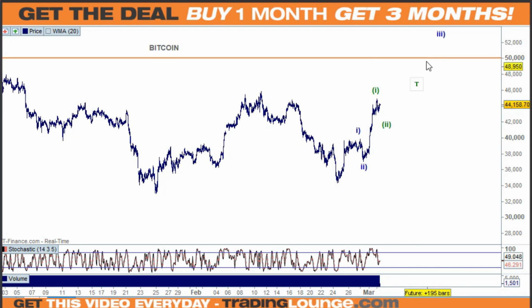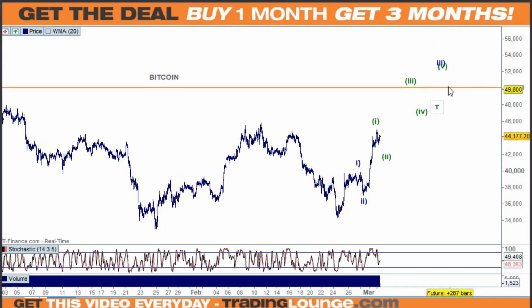That's the highest probability at this point, and I'll explain why. I'll just fill in these little dots here, just to give us an idea of what we're looking at, and then 5 waves up here for wave 5.